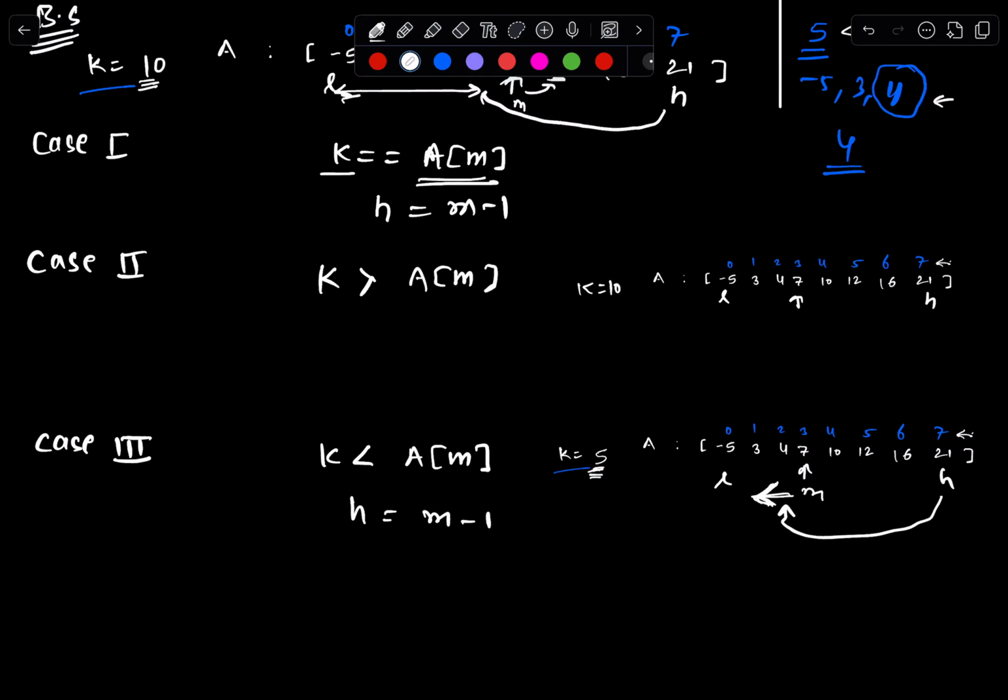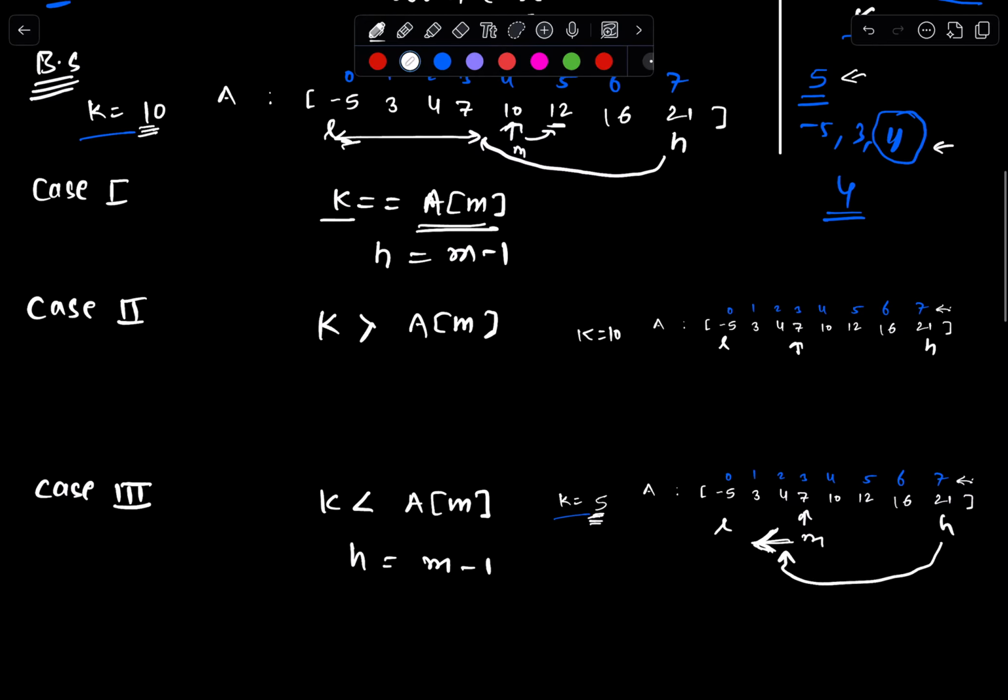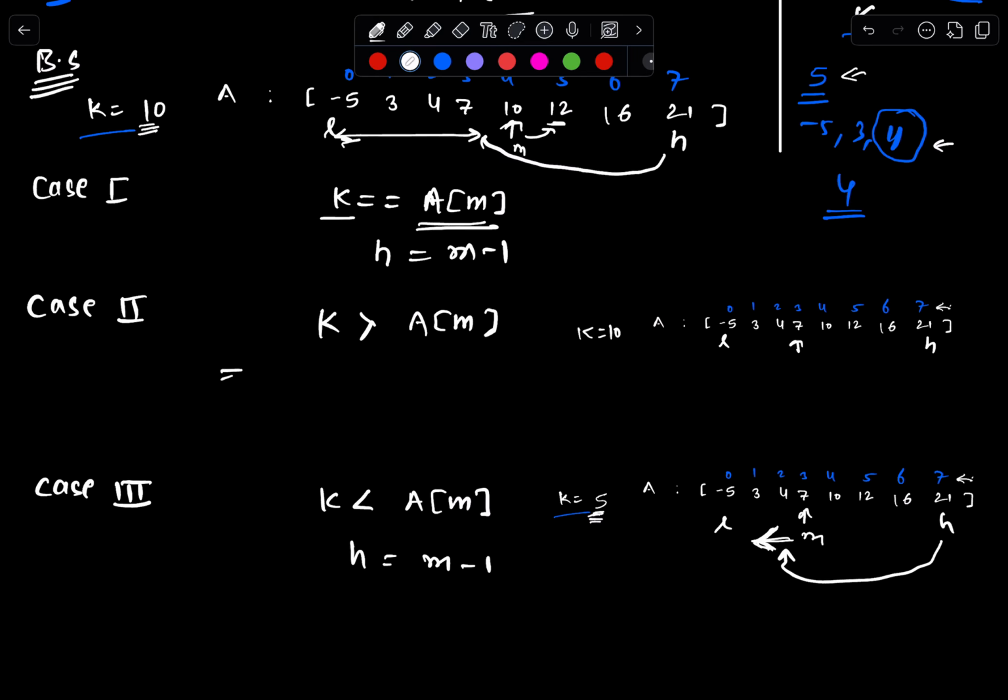Let's talk about case 2, because the condition of finding the answer lies inside case 2. Let's see how. Let's see if my target is greater than the middle element. So my target is 10 and my middle element is 7.